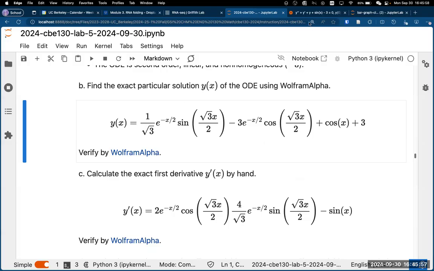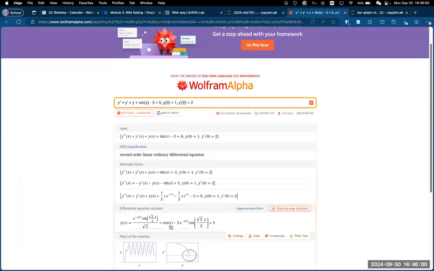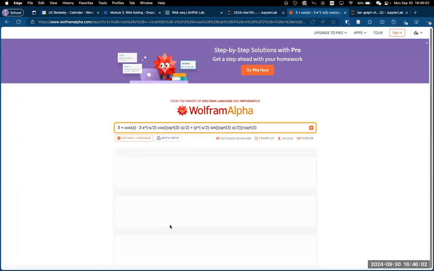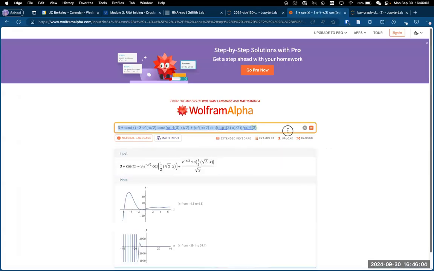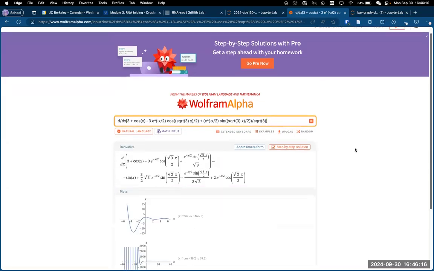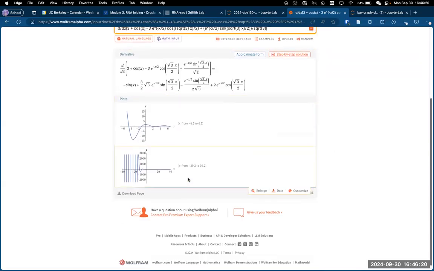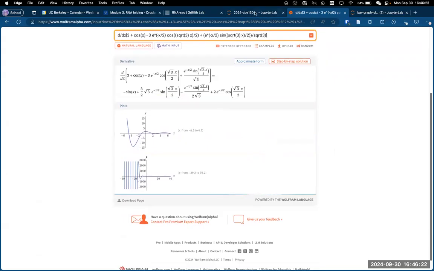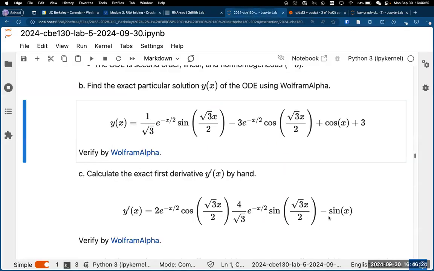If you got the particular solution here, you click on it, then the prompt will become the analytical form of the solution. If you want to take the derivative, bracket the solution, and you type d dx, and now you get the first derivative. So this is the first derivative, and I have copied that down here.